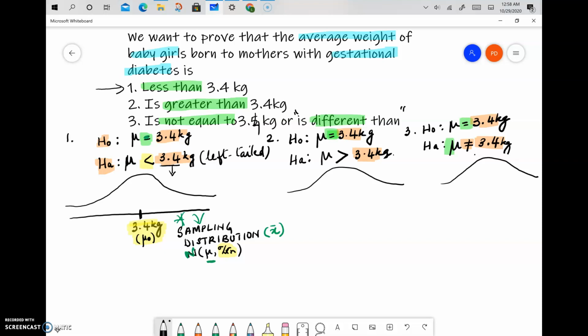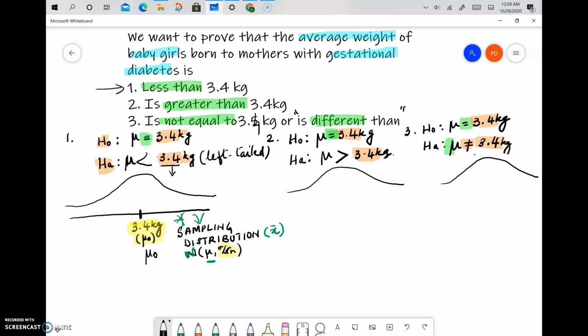We're just saying let's assume it is. And that's why we don't call it mu, we call it mu naught. So the 3.4 kilograms is the mu naught. Just remember that. Now, if you see the symbol less than in the alternative hypothesis, then we know that it's a left-tailed test.